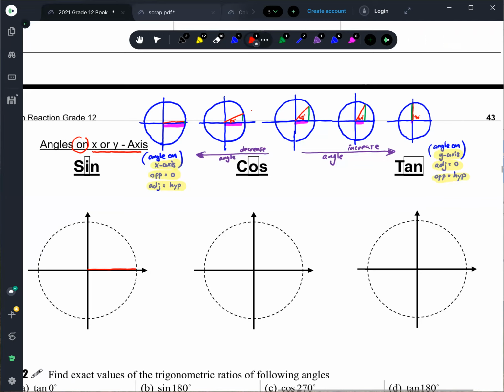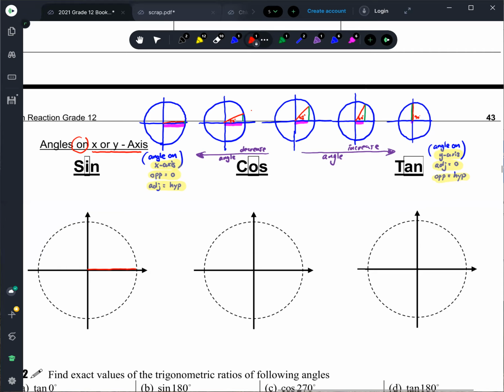At 0 degrees, the hypotenuse is on the right-hand side, on the x-axis. When that happens, opposite is 0, and adjacent and hypotenuse could be any number, but they are the same.